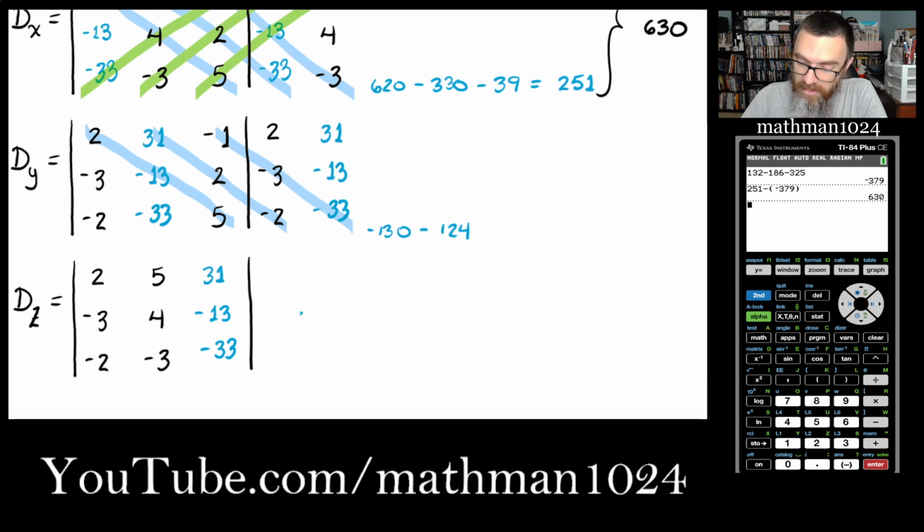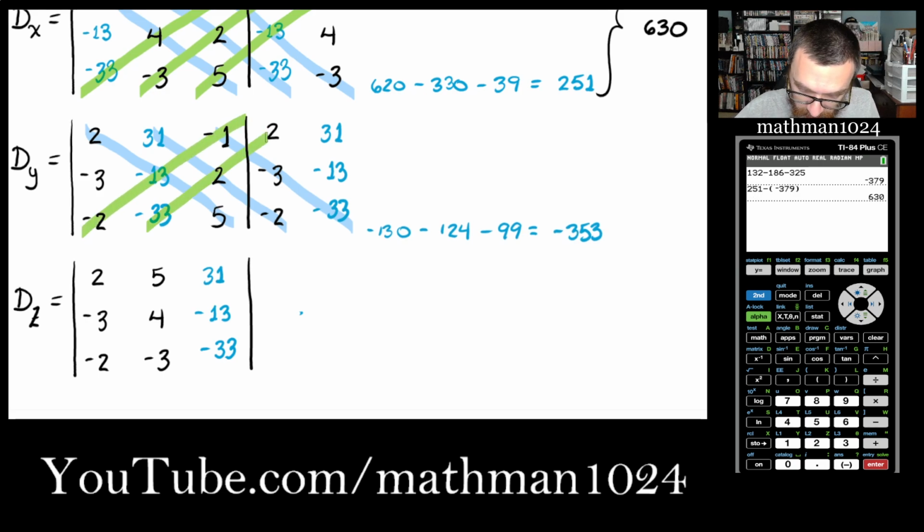Negative 1 times negative is going to be another negative. 3 times 33 is 99. So that's going to be 353. All right, these diagonals.